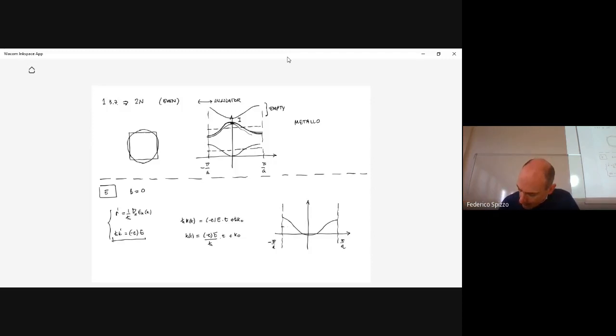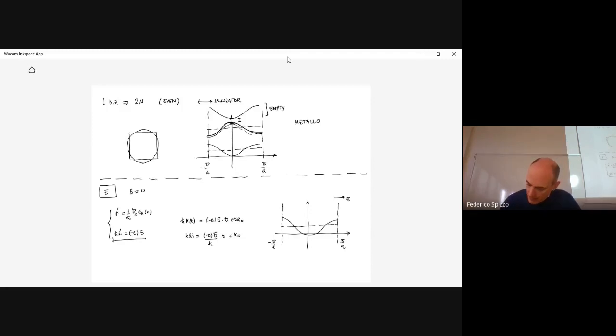So at the beginning of the calculation, when the electric field is 0, we have an even occupancy of the levels. So half of the levels on the right side are occupied and half of the levels on the left side are occupied. Then when we switch on the electric field, if we suppose that the electric field is applied to the right, then we have a motion of the crystal momenta to the left.